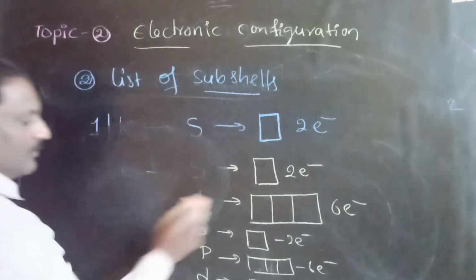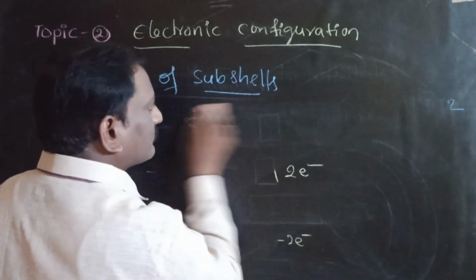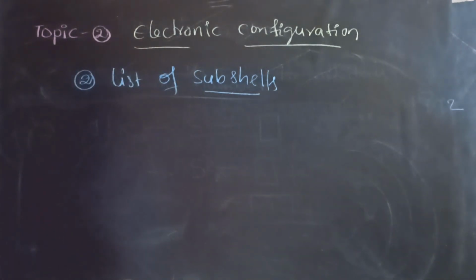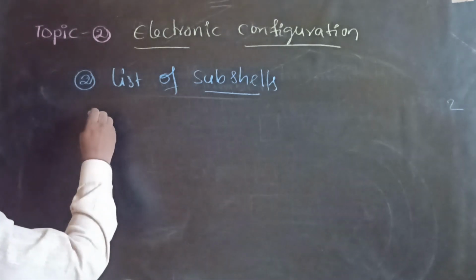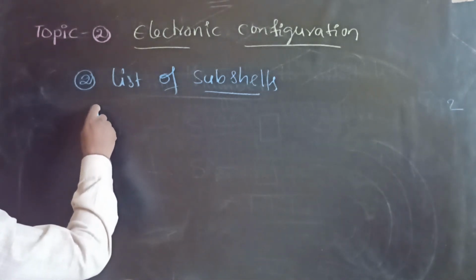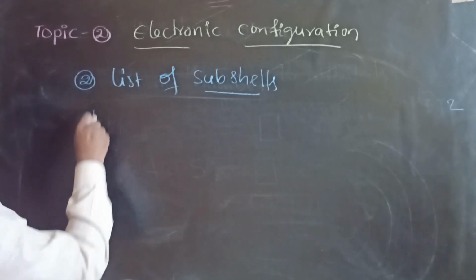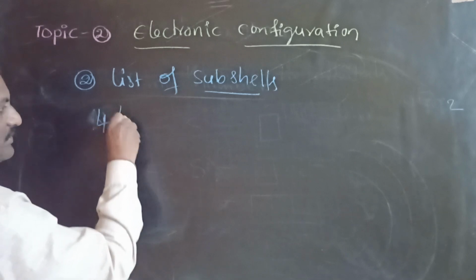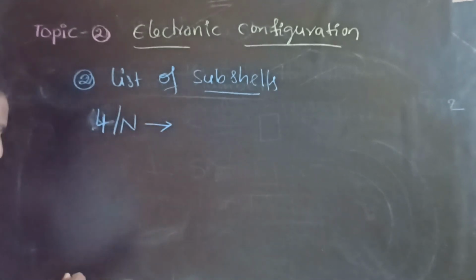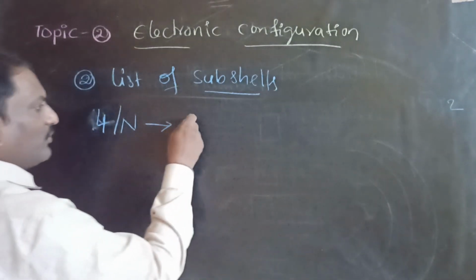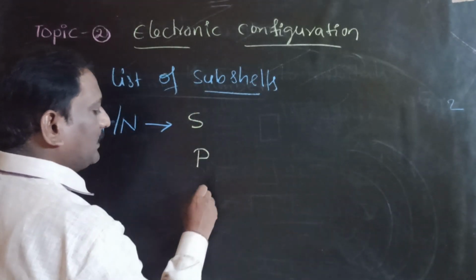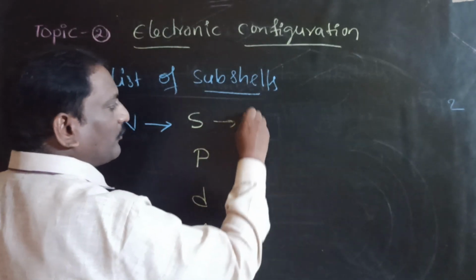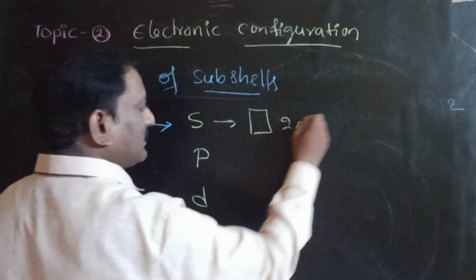Now I will write the fourth shell. Fourth shell, that is nth shell. It has 4 subshells, S, P, D and F. S subshell with only one box with 2 electrons capacity.